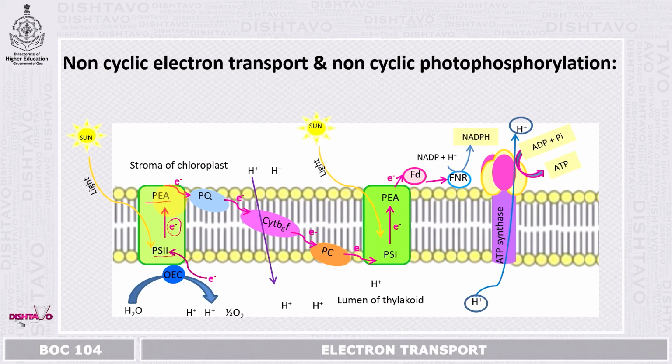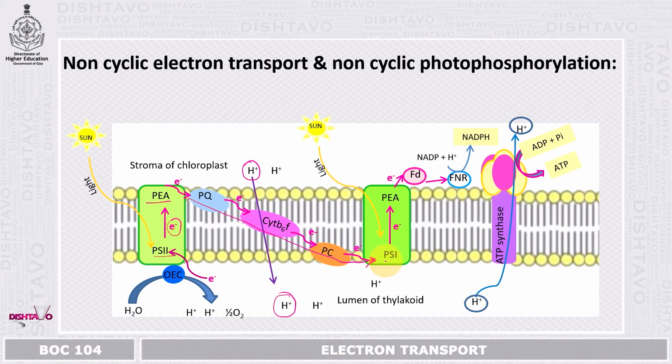The electrons from the primary electron acceptor move down the gradient through an electron transport chain and enter photosystem 1. During the transfer of electrons, the cytochrome B6F complex also allows transfer of protons from the stroma of the chloroplast into the lumen of the thylakoid.